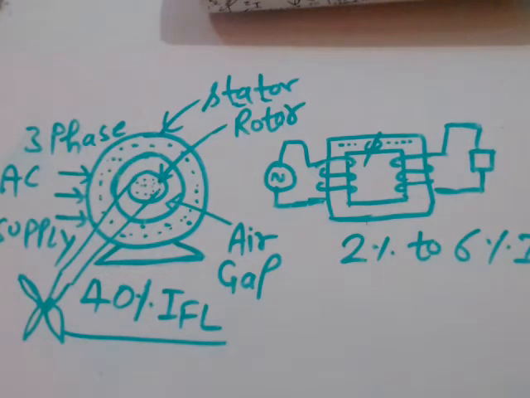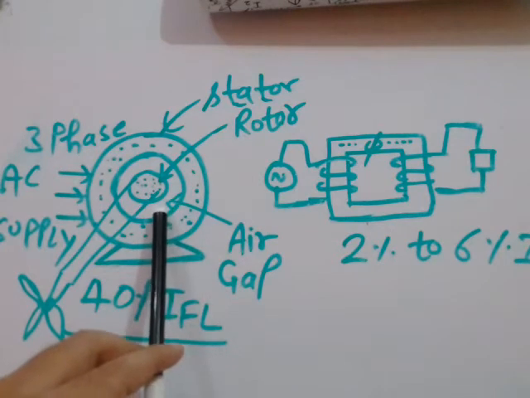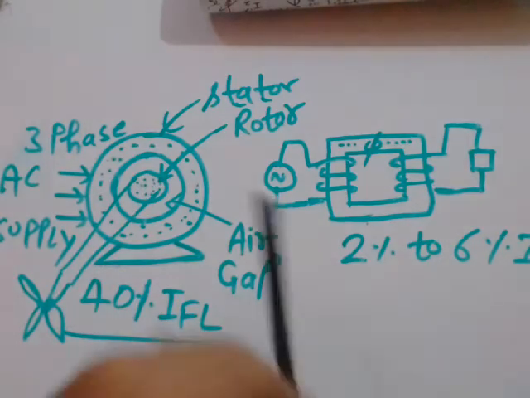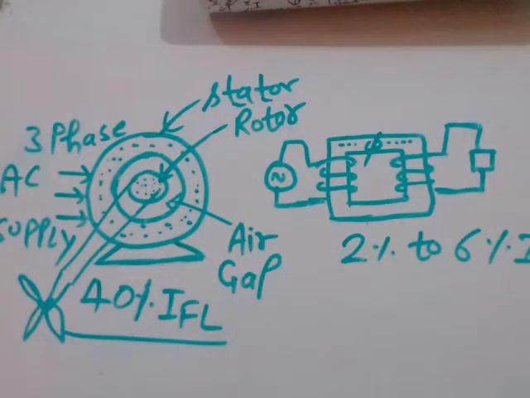One more point: the three-phase induction motor is also called a dynamic transformer. Theoretically you can call it that. The operating principle is the same, that's why you can call the three-phase induction motor a dynamic transformer. Now we will discuss the equivalent circuit of the three-phase induction motor.